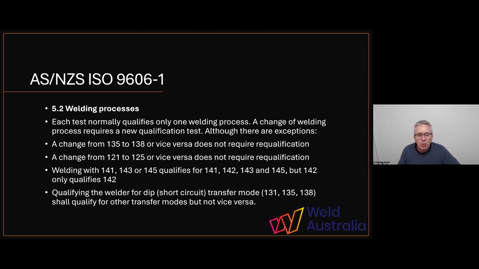So when we start to look at some of these numbers, that's where you need to understand what welding processes we're talking about. So 135, we're looking at mag welding, and 138, we're looking at flux core. Then you start to identify that 141 is TIG with filler wire. The reason they say if you qualify an operator to 141, 143 or 145, often it's the consumable that's changing the designation on the process, right?